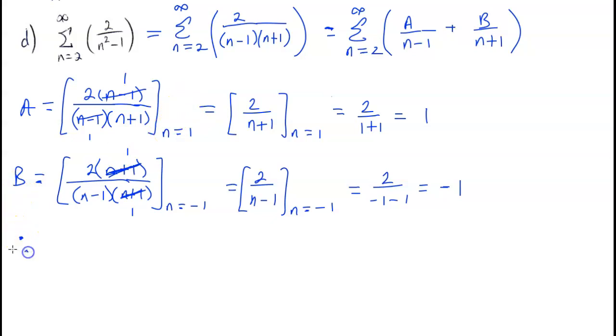So, therefore, we know that the series that we're dealing with can be rewritten as 1 over n minus 1 minus 1 over n plus 1.